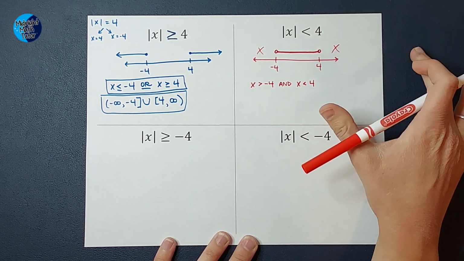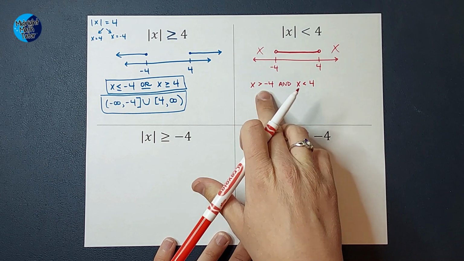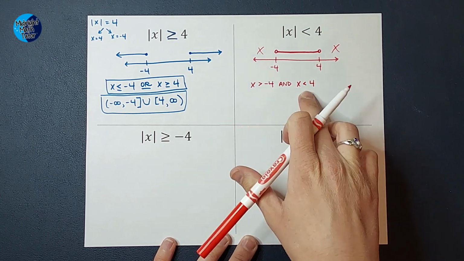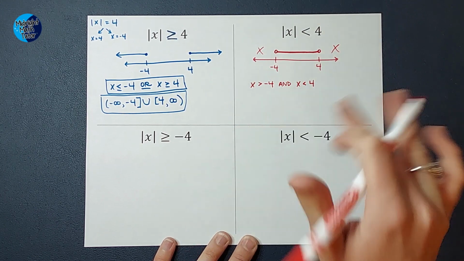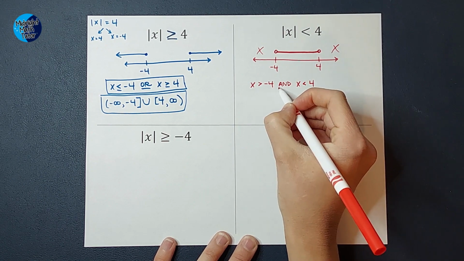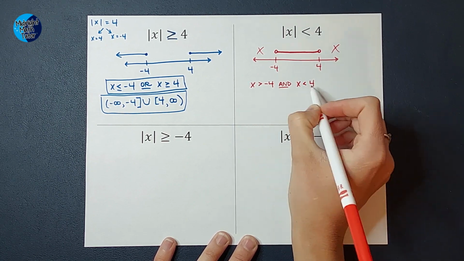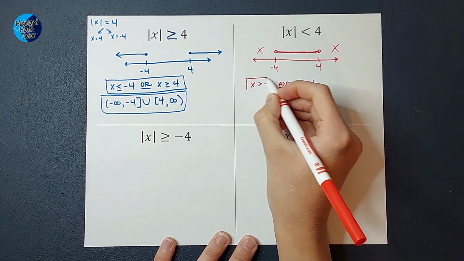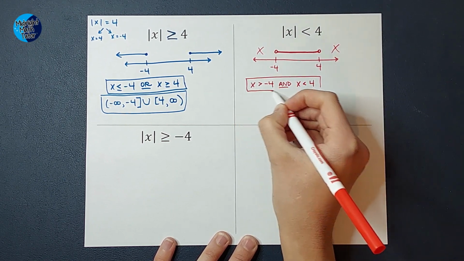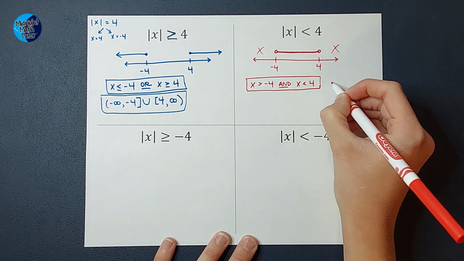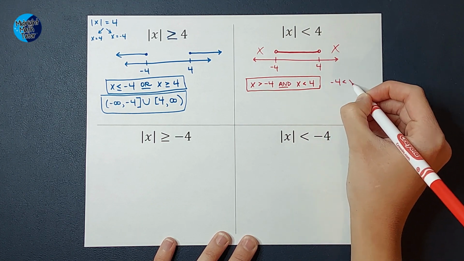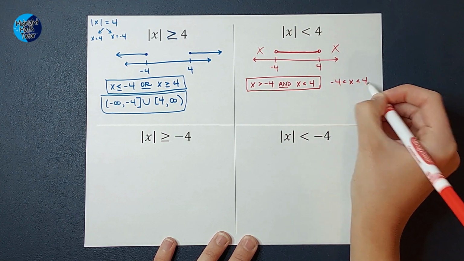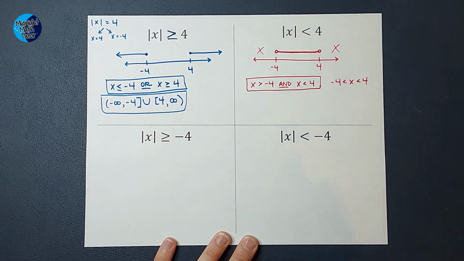Because if I plug in 9, even though that's greater than -4, it's not less than 4, so it wouldn't work, right? That's why we have an and inequality. It needs to fulfill both of these, okay? So we can write it like that. You can also write it like this if you want to just have one x and feel fancy, right? Those are the same thing.